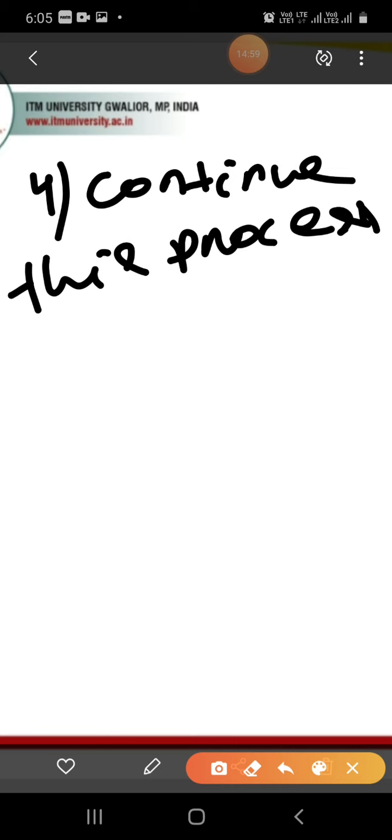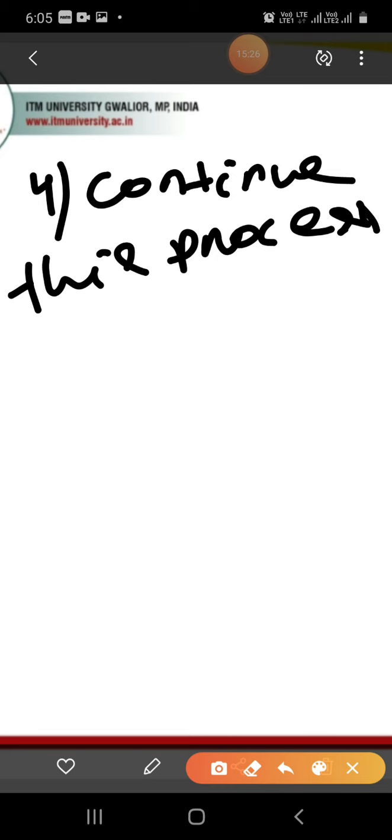So by following this procedure, we get the code for each message. I am showing you a table by which you can understand how you get the code for each message by following the Shannon Fano procedure.